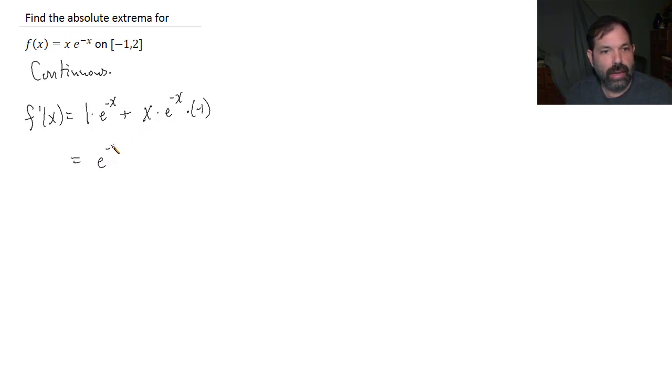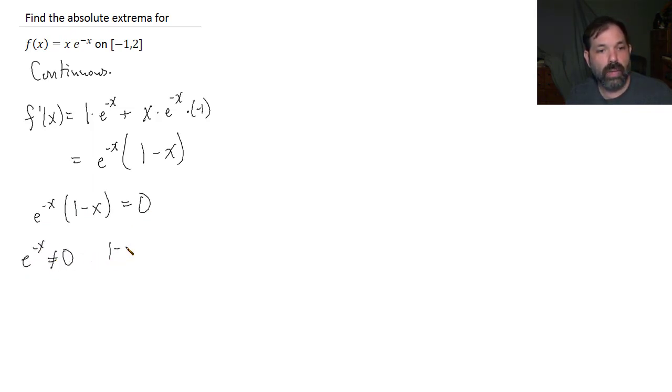That's e to the negative x times 1 minus x. Now, this is never undefined, so let's set it equal to 0. So e to the negative x times 1 minus x equals 0. E to the negative x can't equal 0, and 1 minus x equals 0 implies that x equals 1. So that's our only critical number.